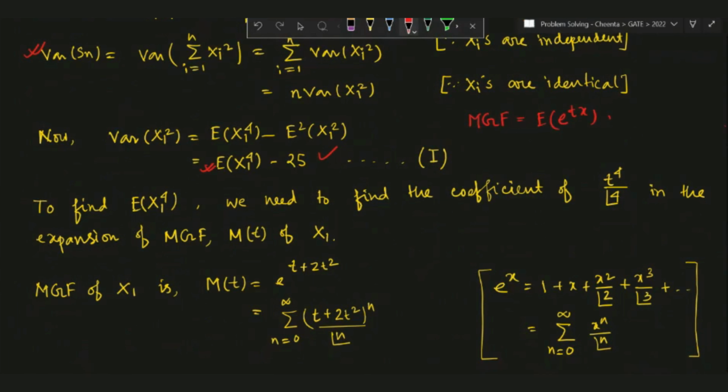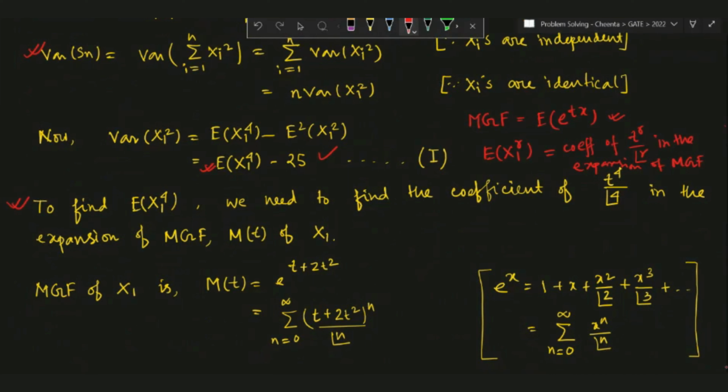We'll get a series from this, and from the definition of MGF, the expectation of X1 to the power r, that is the rth order raw moment, is the coefficient of t to the power r by r factorial in the expansion of the MGF. So we use this fact in this problem.